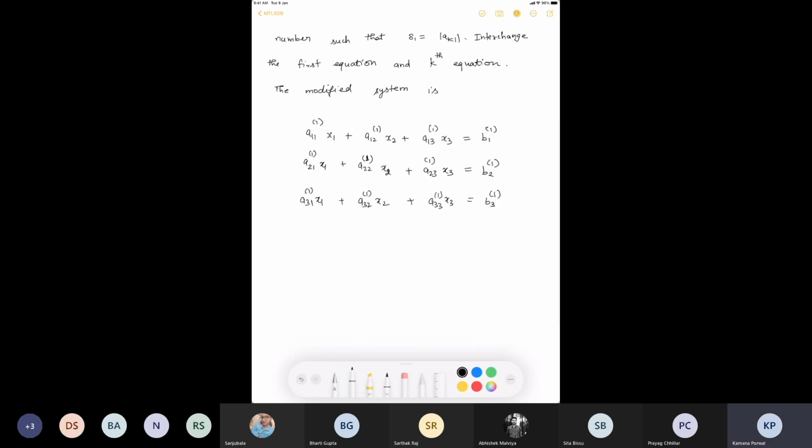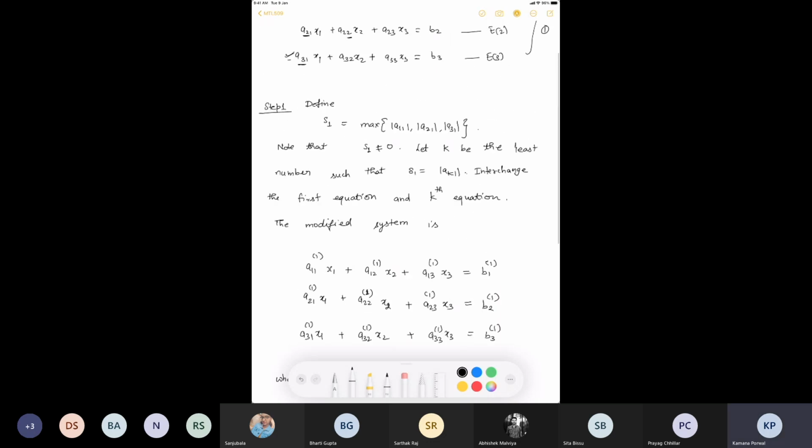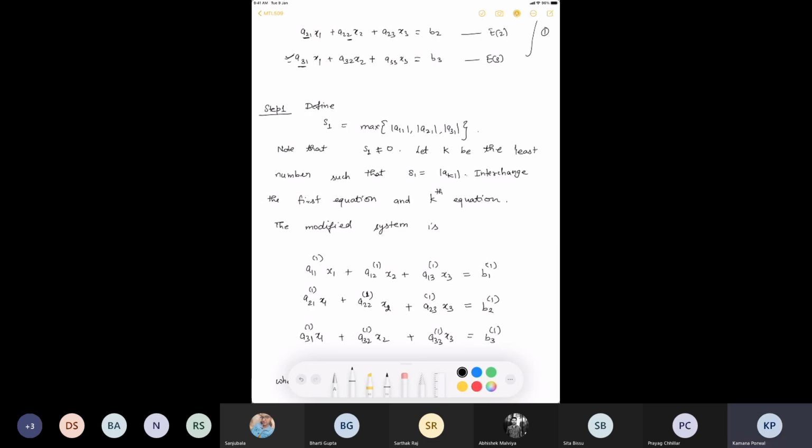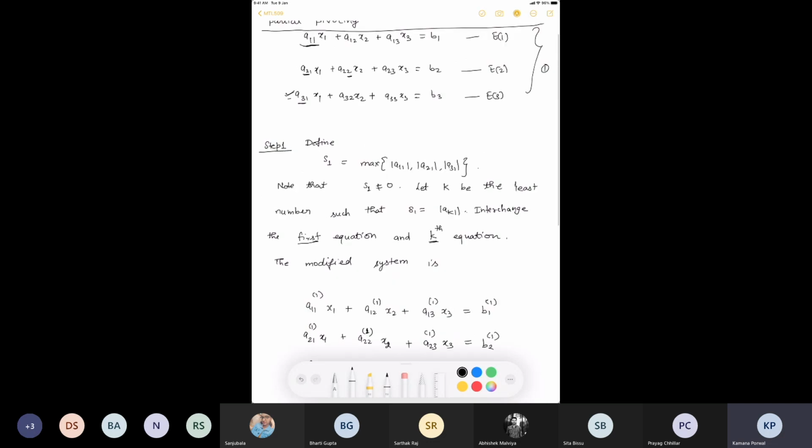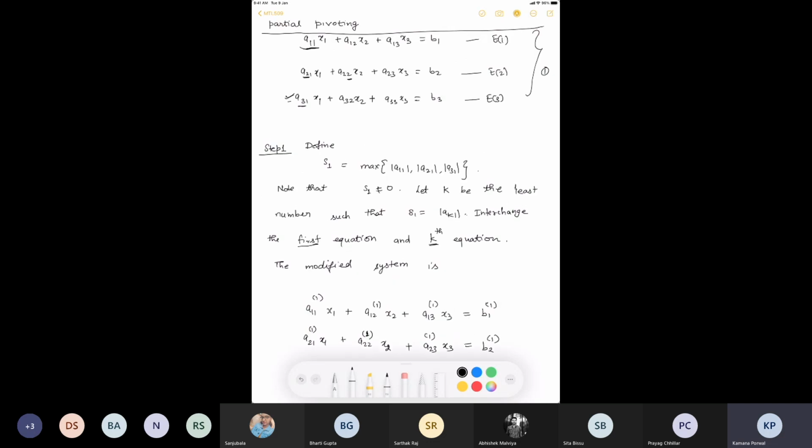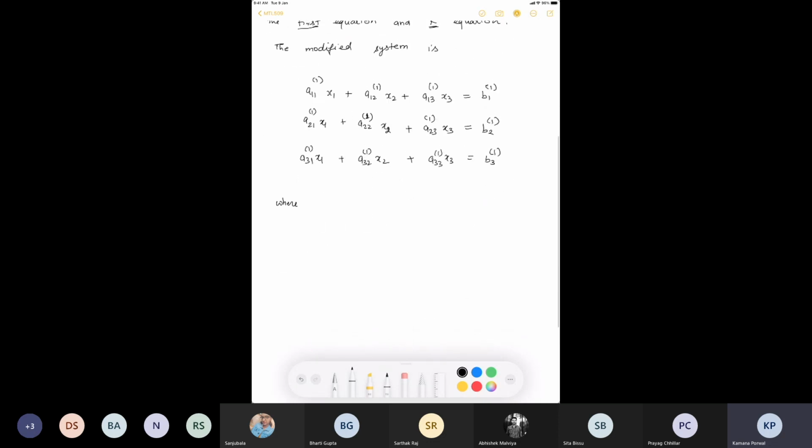Now, how do these new coefficients relate to the previous coefficients? Note that what I have done is just exchange the kth equation and the first equation, right? So only the coefficients of the kth equation and the first equation will change. The rest of the coefficients will remain as they are.